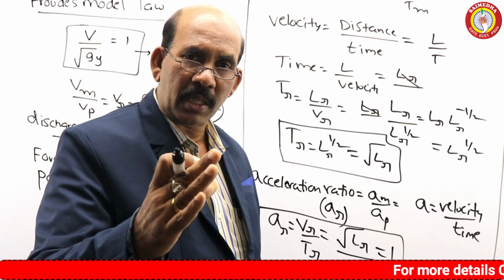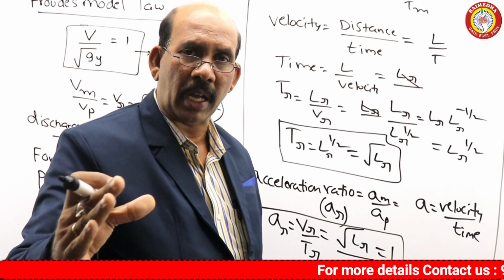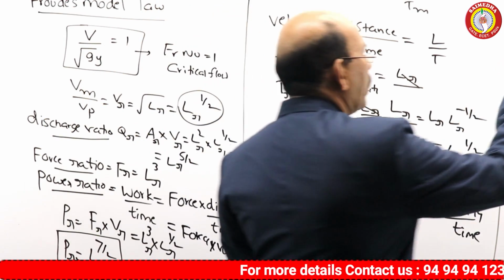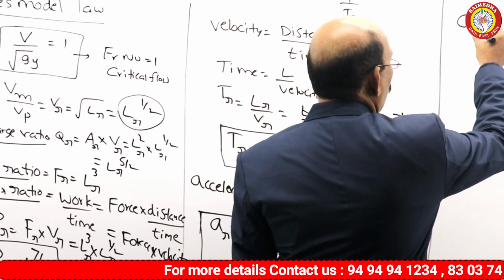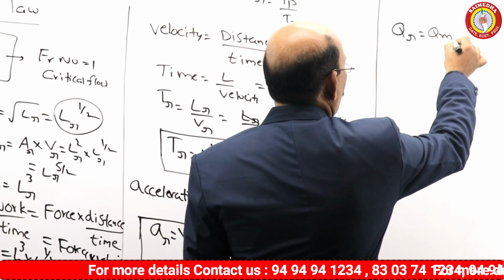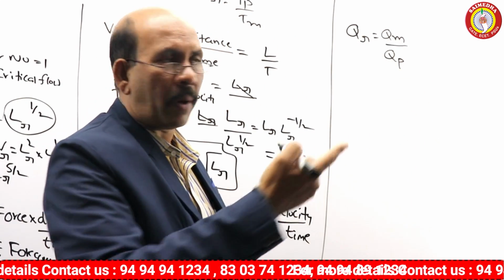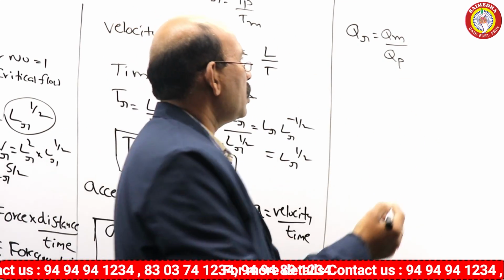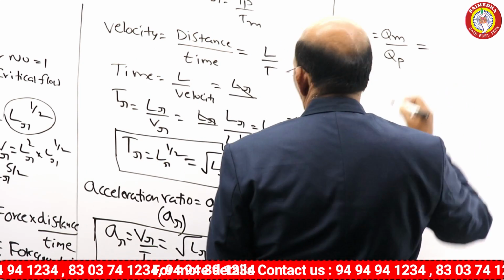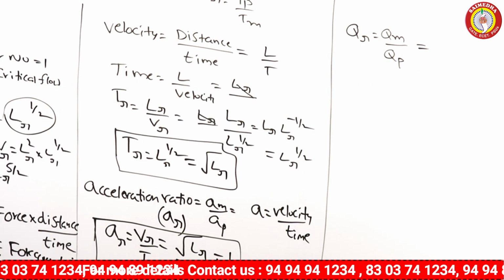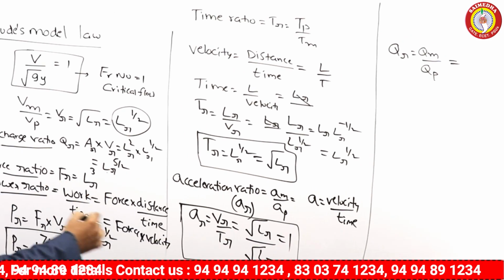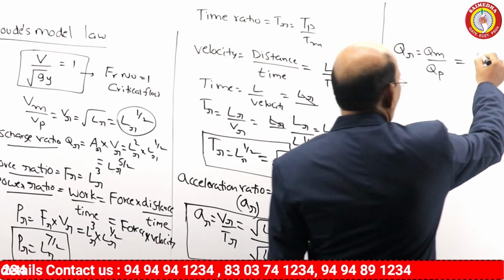This can be explained simply by the discharge ratio QR is equal to QM divided by QP. Now this is expressed in terms of the discharge ratio as LR to the power of 5 by 2.